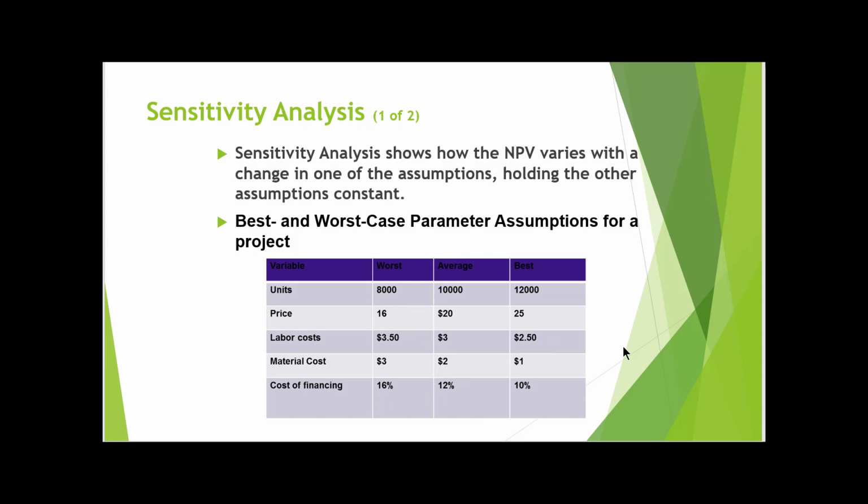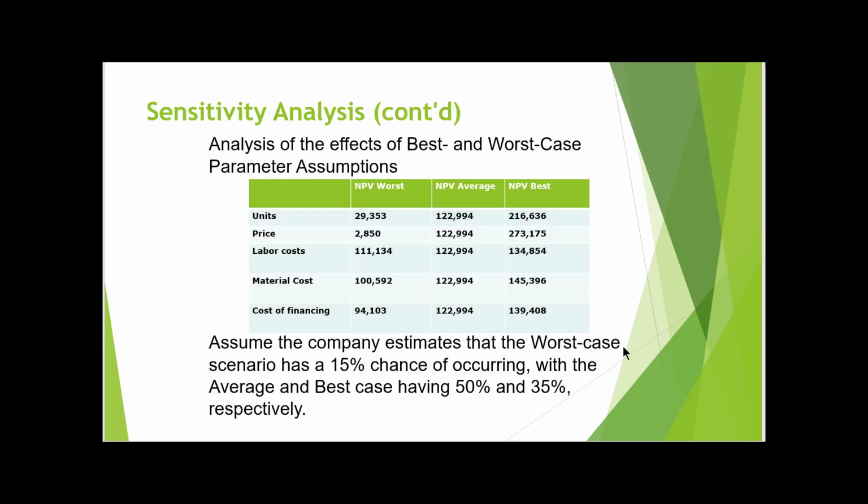Now we can graph this out so that we can see how sensitive net present value is to these particular variables. In this case, you see it goes from 29,000 to 216. That's a huge range. Price, a huge range.